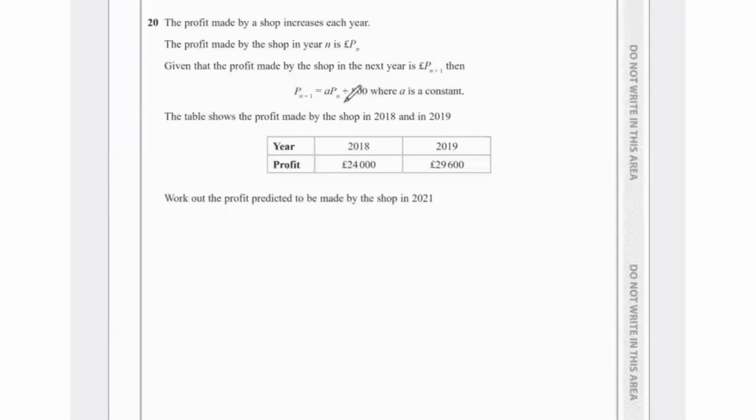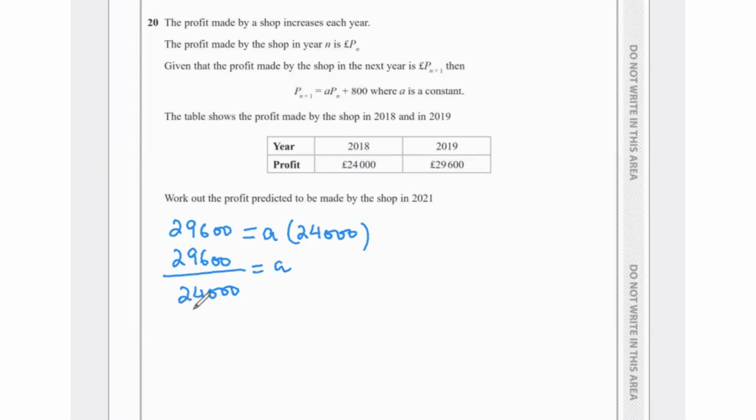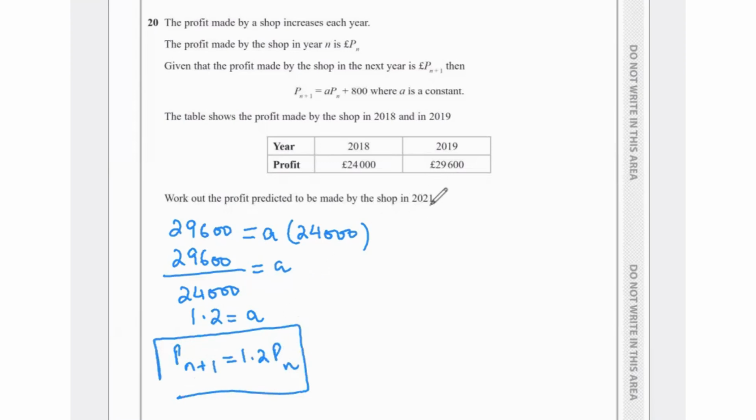So first we need to find the value of A. For that, we're going to use the profits from 2019 and 2018. So we'll write 29,600 equals A times 24,000. So we divide 29,600 by 24,000, and that's going to give us 1.2 as the value of A. So now the equation is Pn plus 1 equals 1.2 times Pn. Now we're going to use this to find the profit in 2021.